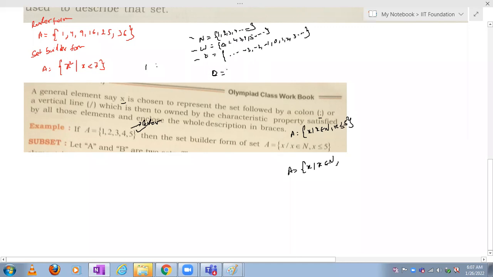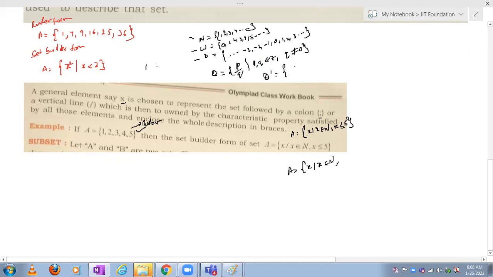See, rational numbers generally I cannot write in roster form with commas. There are infinitely many rational numbers between two numbers. That's why only in set builder form I can write p by q such that p and q belong to integers and q is not equal to 0. Then the irrational number set is also there.